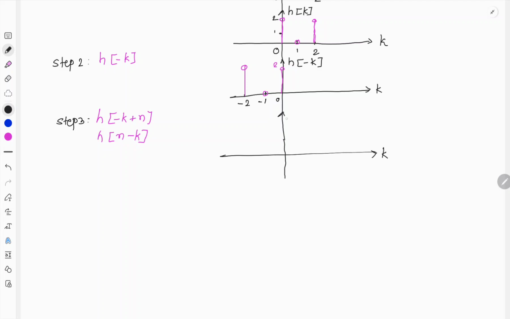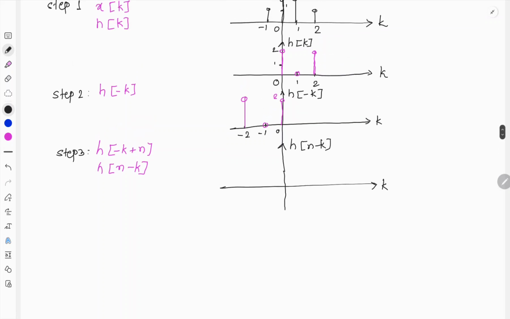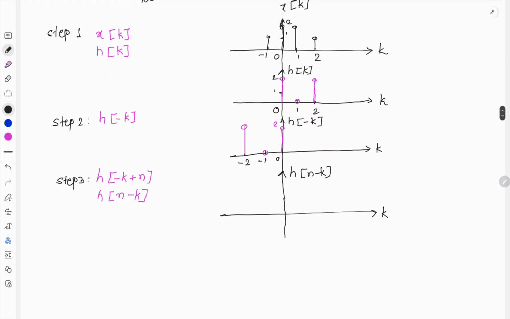Here what I need is h of n minus k. Now the important thing to remember is that whenever we are drawing h of n minus k, if we look at the equation, n is added to h of minus k. Therefore this h of minus k signal will shift towards the left.